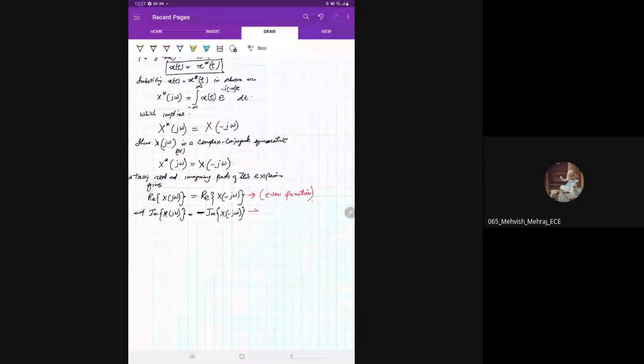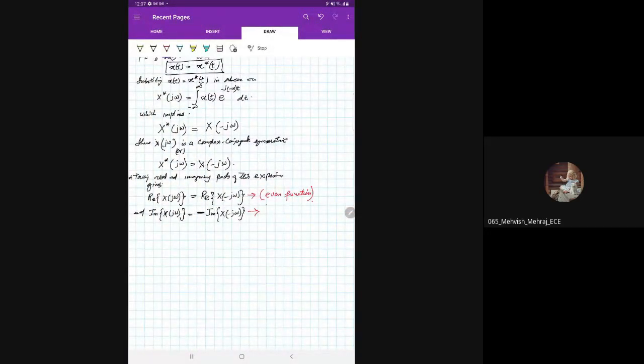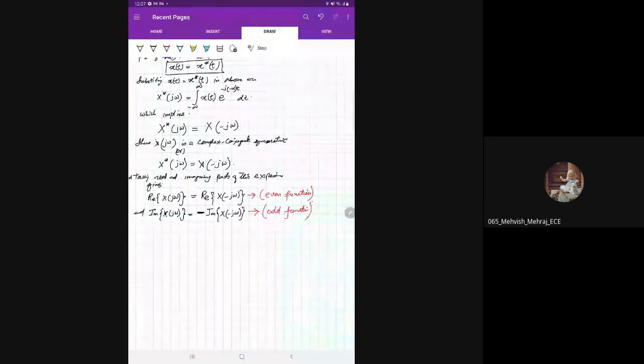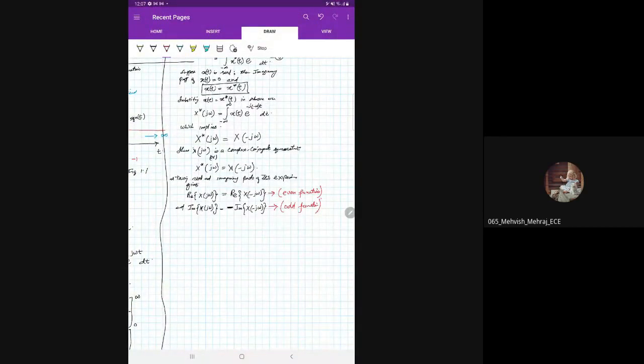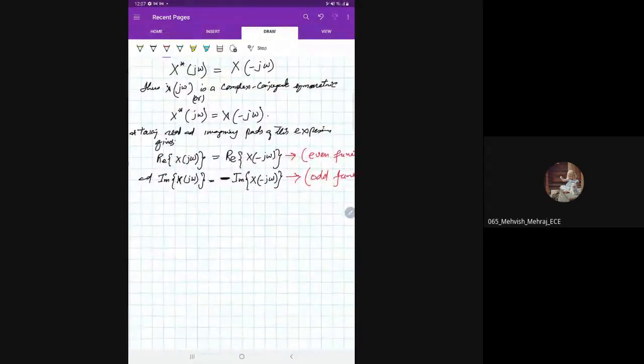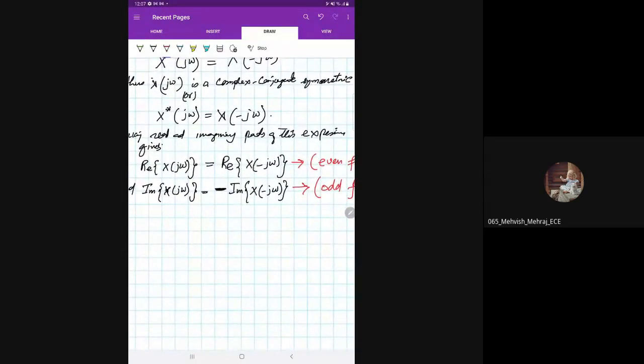That means that the imaginary part has odd symmetry, or it is an odd function. Imaginary part is odd function, and real part has even symmetry. Then only a complex conjugate signal is said to have complex conjugate symmetry. Okay? Now see, if x of t is real valued, is it fine?